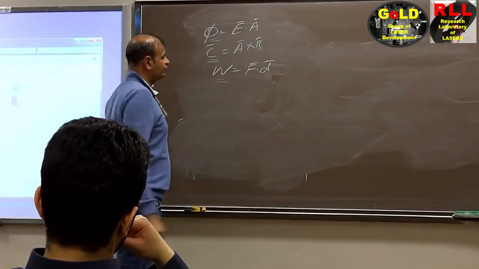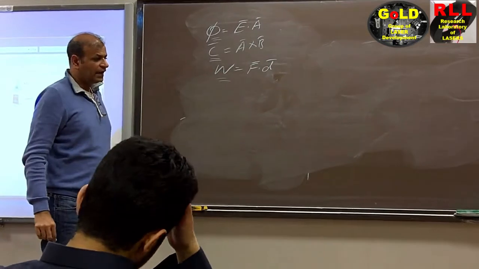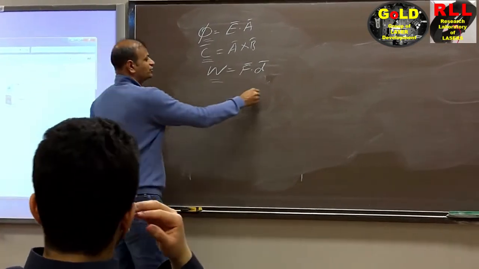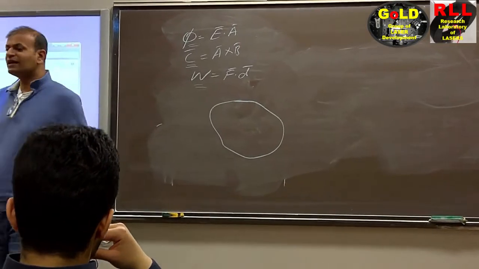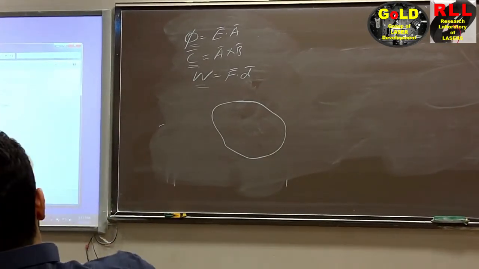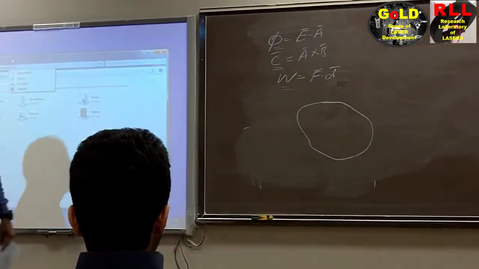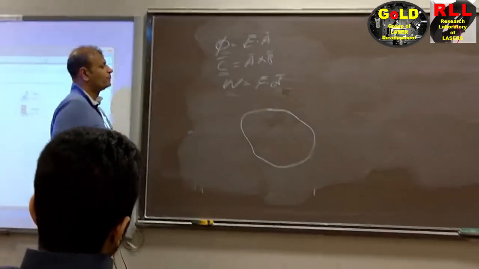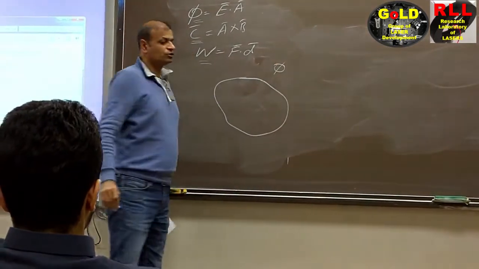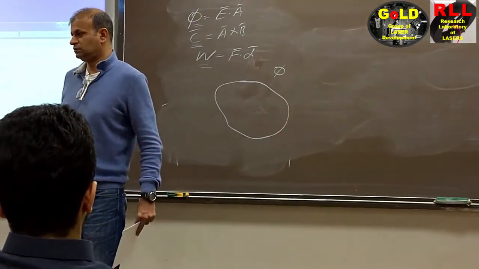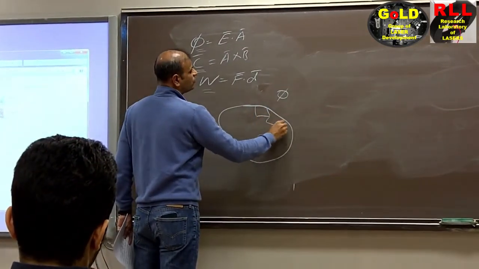If you have any surface, and let's suppose the electric field is not uniform, and we are supposed to find out the flux. So what do we do? We divide this surface into small patches.